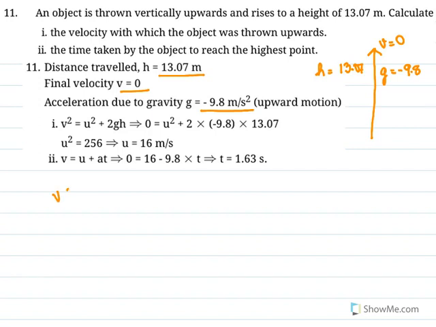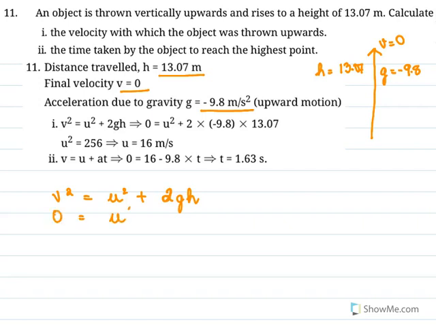And then you use the formula v squared equal to u squared plus 2as. Now when a body goes up, the 2as can be written as 2gh. You put your values. This is 0.